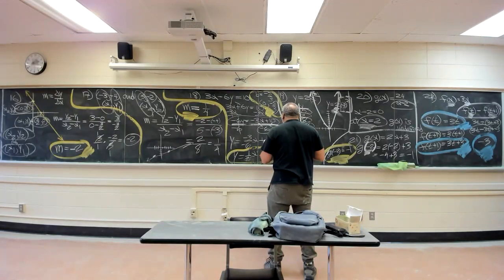The y-intercept is 0, negative 5/3. We got that. The slope is a half.